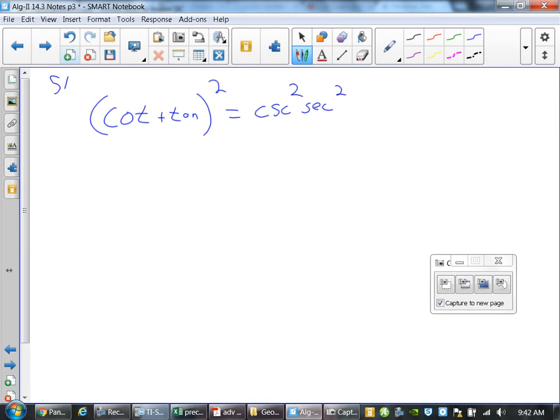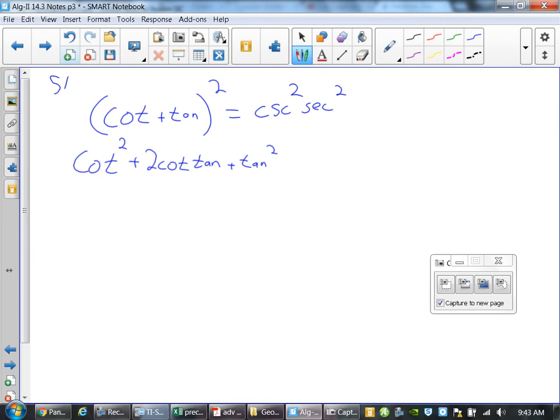Let's see. Well, this looks like fun. What are you gonna do first? Boil it out. Cotangent. What's cotangent times tangent?